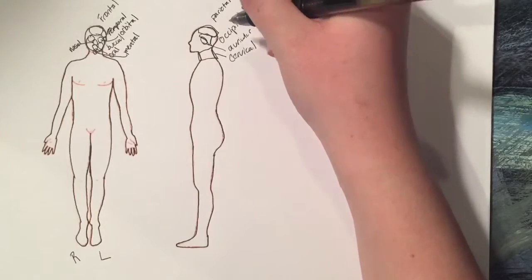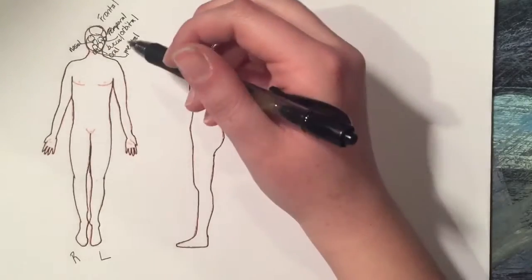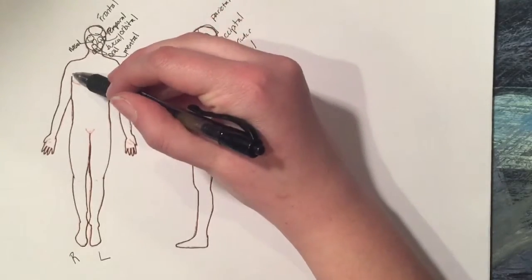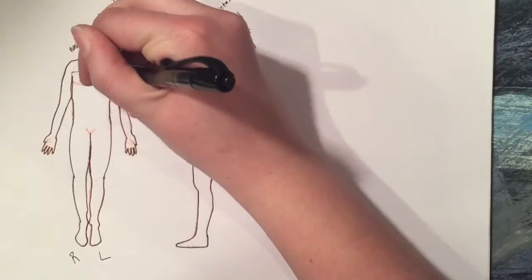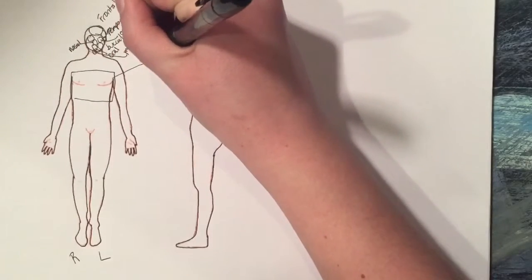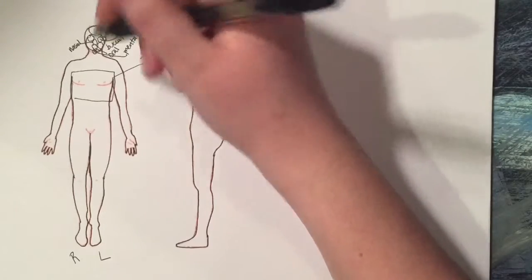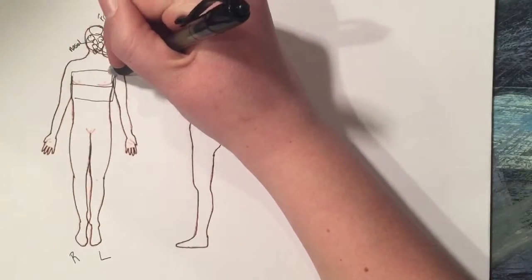Then we're going to go into your thoracic cavity. So your thoracic is just your chest. Thoracic is broken into pectoral, so kind of where your pecs are.